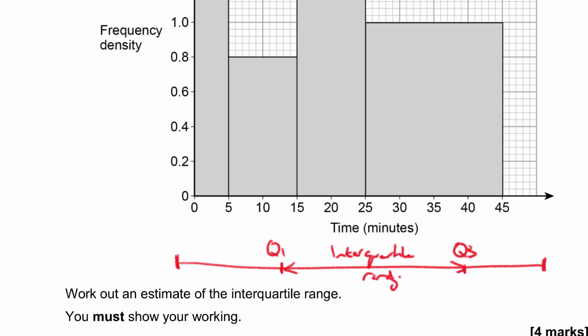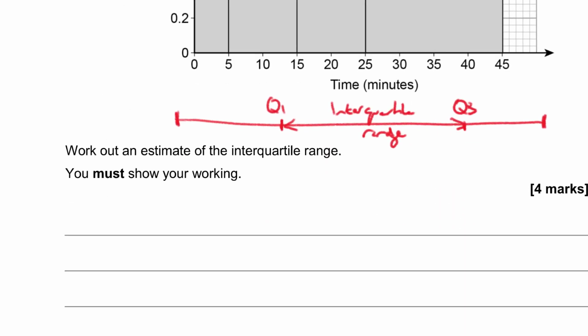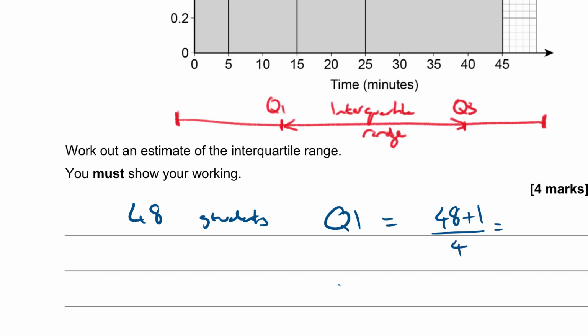Okay, so let's have a think about this. We've got 48 students. So if I've got 48 students, then Q1 is going to be, well, what we do is we take 48, we add 1 to it, and we divide by 4 to find where the lower quartile is.